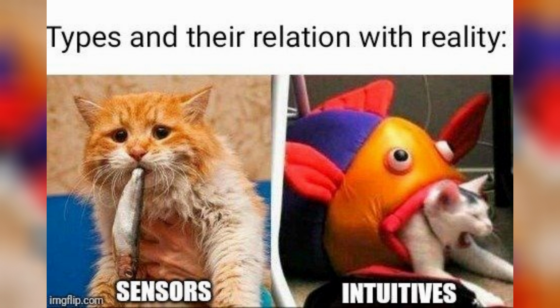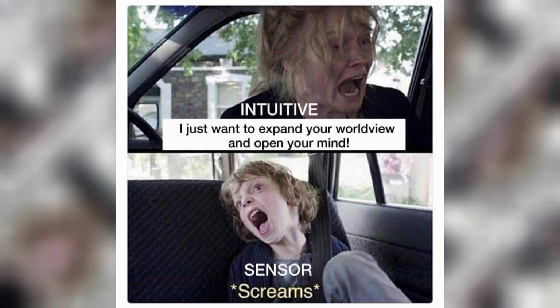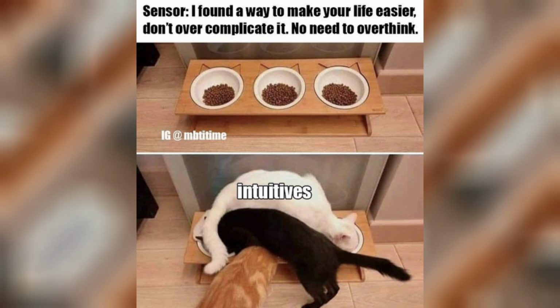They focus on the big picture instead of the details. A simple way to determine which one is by asking yourself, if your character was asked a question like, what do a table and chairs have in common? And they answer that they both have 4 legs, then they would be a sensor, as 4 legs is a detail. If they had answered that they are both furniture, their answer is broader and big picture, making them intuitive.